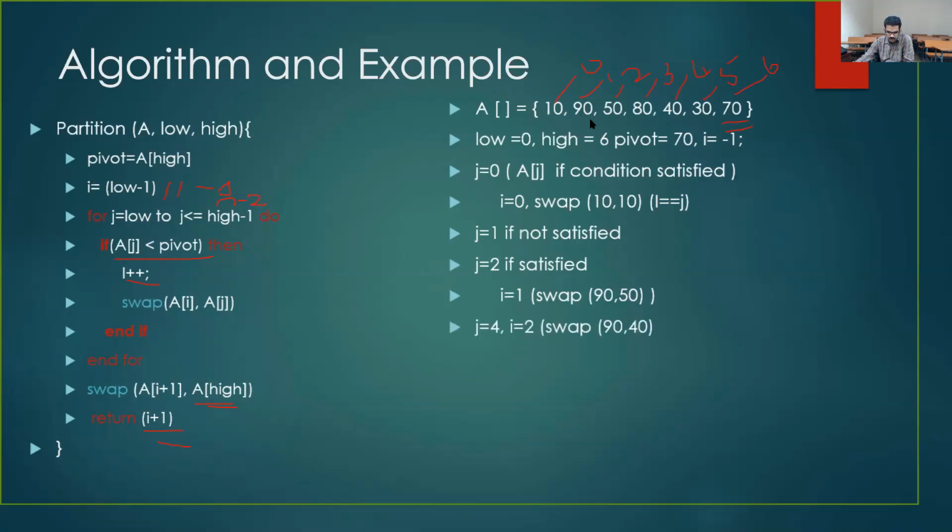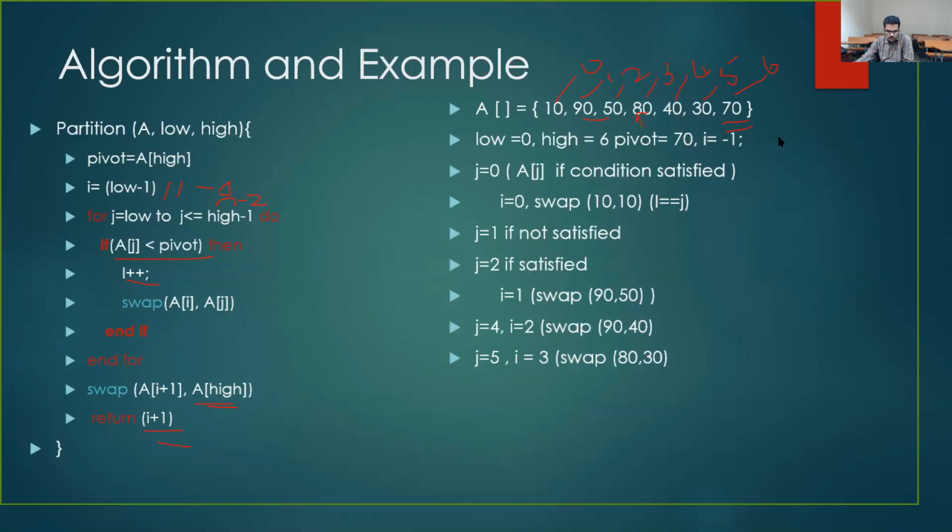Then for j equal to 3, I equals 2, and the swap is 90 and 40, because A2 is already 90 from the previous 90-50 swap. For j equal to 4, the condition is not satisfied. When j equals 5, the swap will be 80 and 30, because I becomes 3.